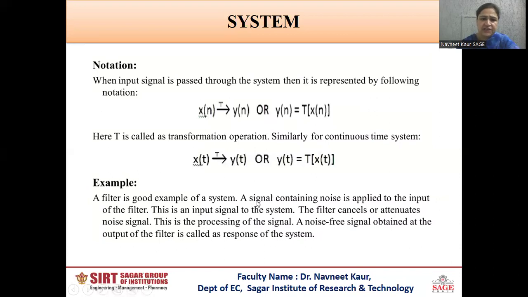Now, the notation of a system. When a signal x[n] is given to any system, we write it as x[n] with an arrow, T is written above this arrow, and as a result, we get y[n]. That means T is the processing function or transformation operation which operates on x[n], and as a result, we get y[n].